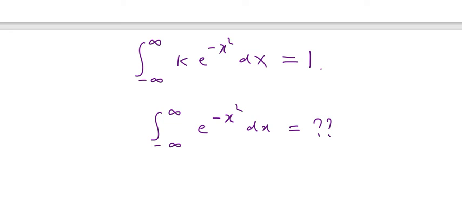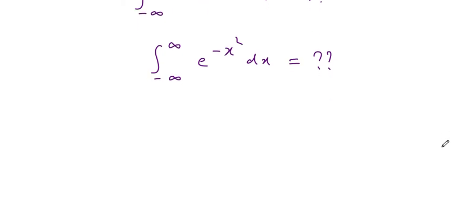By the way, at first we say this is e to the negative x squared, an even function. So we just need to check the positive part. Just check this. How can we find this integration?